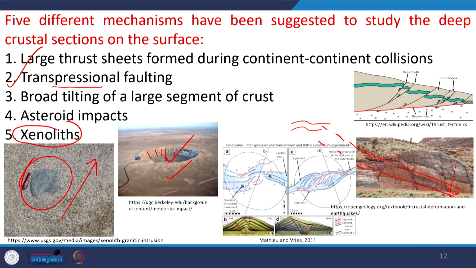They are very good for studying the lower crustal composition, and mostly in the magmatic emplacement areas where magma is getting emplaced, these fragments of rocks which were earlier in a deeper stratigraphic regime are coming to the surface. So, these are the ways in which these deeper crustal rocks can be studied.